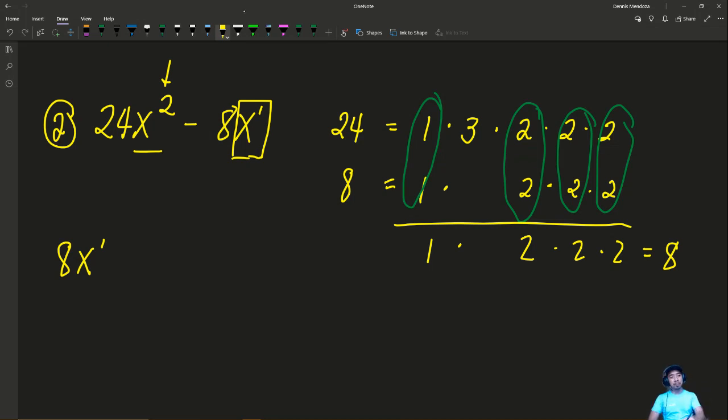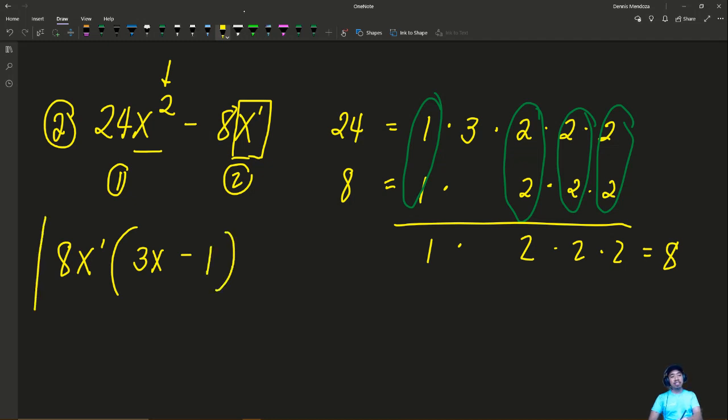Okay, and then now, let's divide these two terms, the first term and the second term, using our greatest common monomial factor. 24x squared divided by 8x would be 3x minus, so kaparehas na kaparehas lang, 8x and 8x. So 8x divided by 8x is another 1.